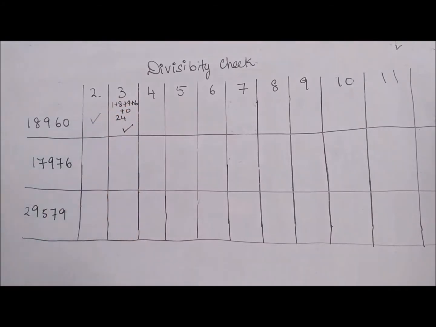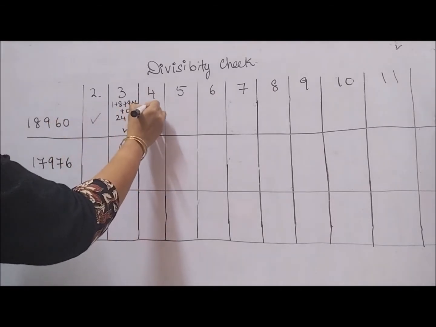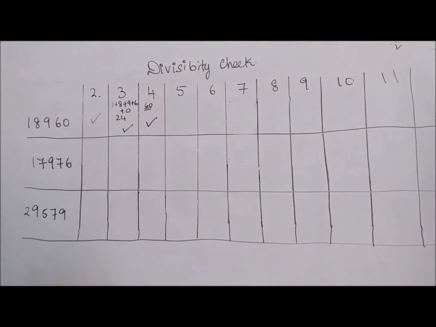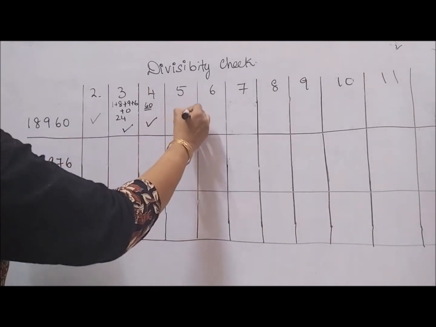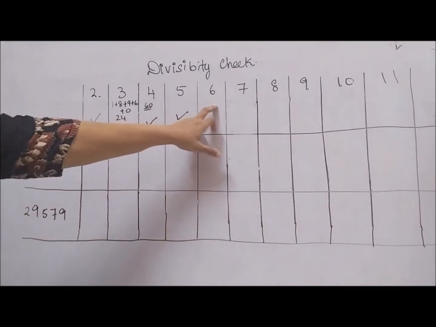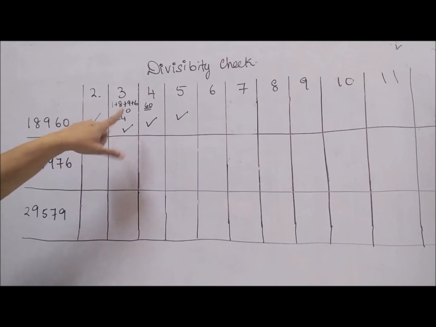So it is divisible by 3. 4. 60 is divisible by 4. So it is divisible. 5. Unit digit is 0. So tick. 6. Both 2 and 3 have ticks. So this is also divisible.